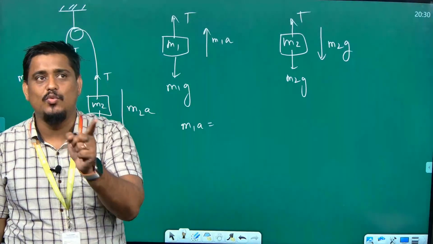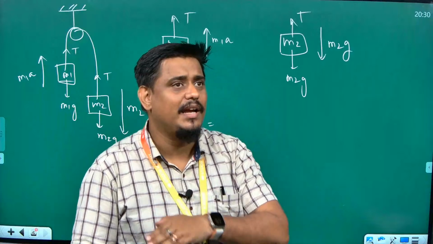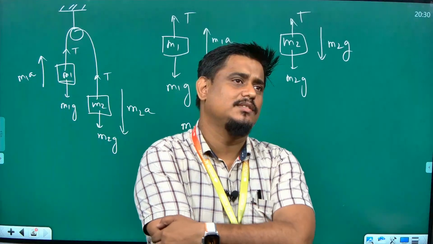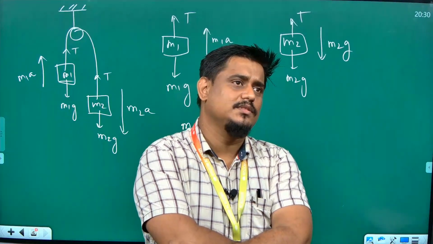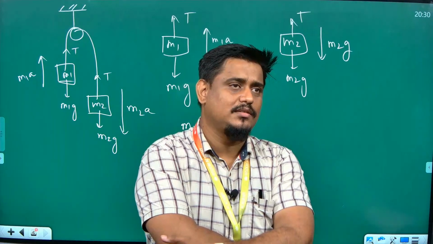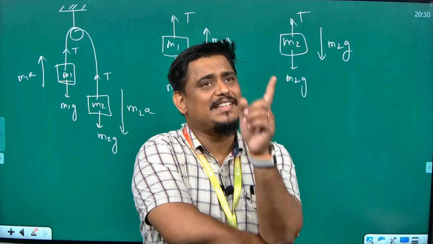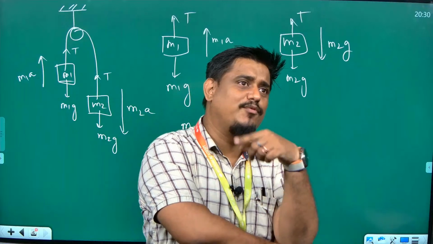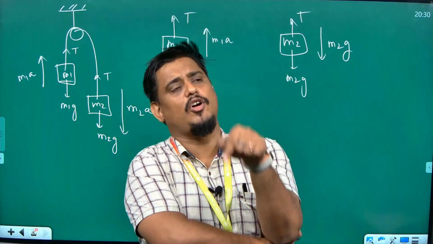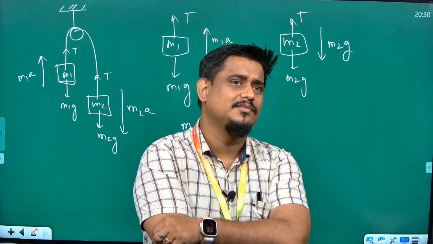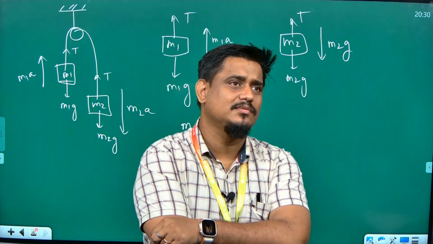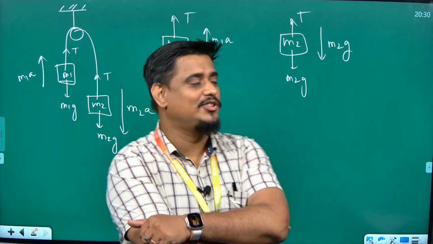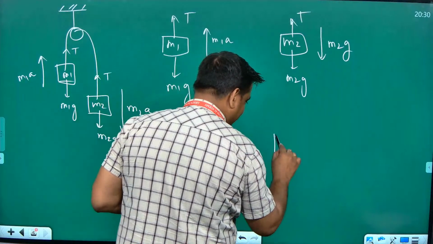Now what is the net force remaining? One side 100, another side 40. What is the net force on the object? Sir, 140.